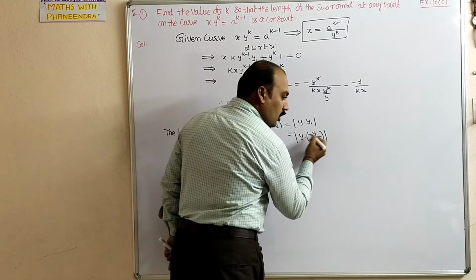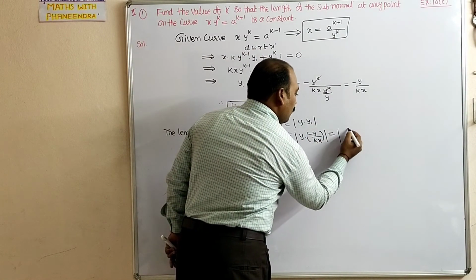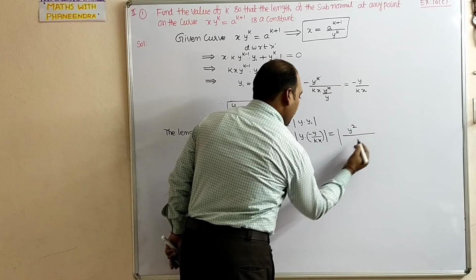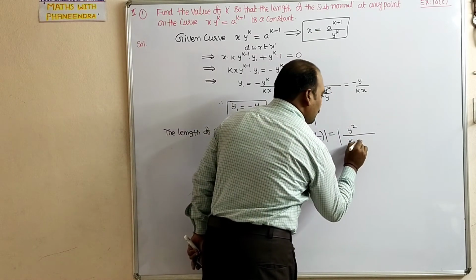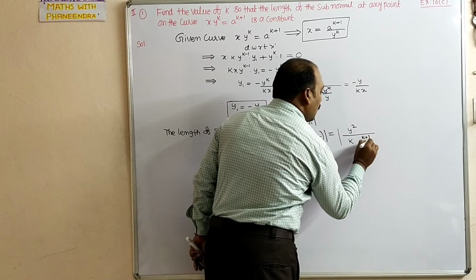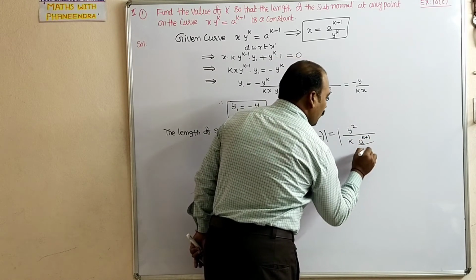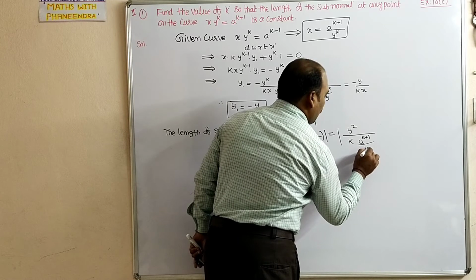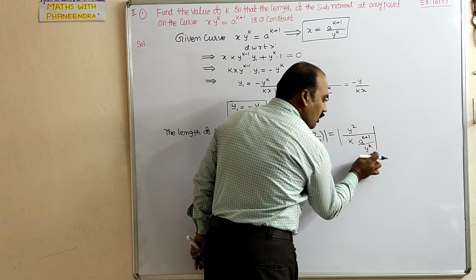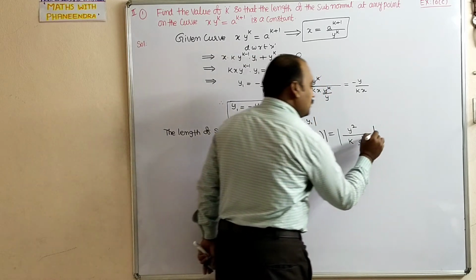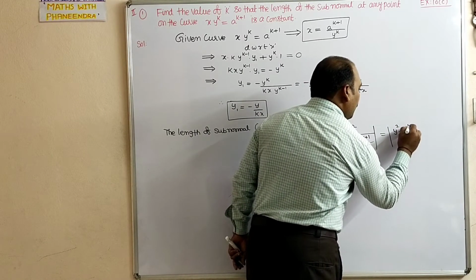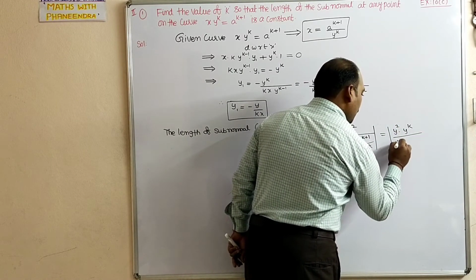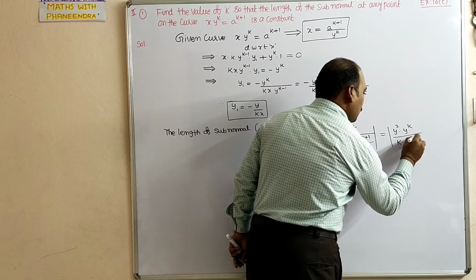So here within modulus it will become plus mod y square divided by k into, in place of x you have to replace with a power k plus 1 divided by y power k. So denominator by denominator will become a numerator, which is equal to mod y square into y power k divided by k times of a power k plus 1.